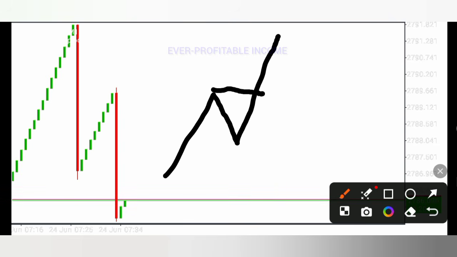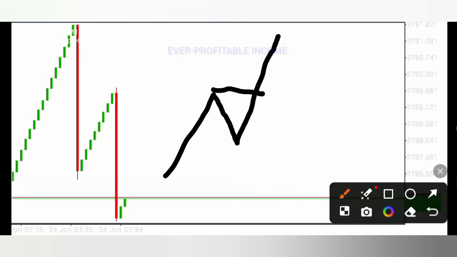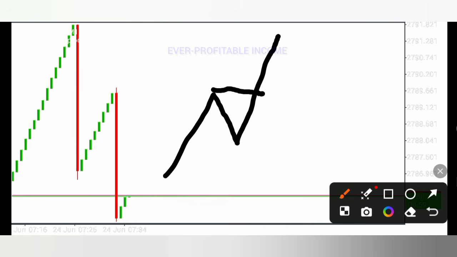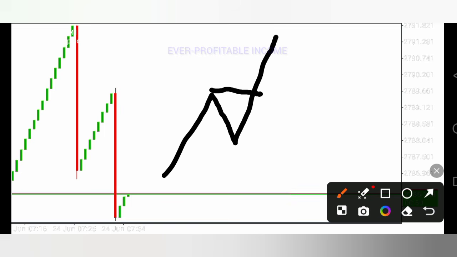It should be very obvious that there's been a break of structure. If you don't know what a break of structure is, I have a video on the channel that explains in detail what a break of structure and a change of character is. So when you have noticed a break of structure, that is when you have to look out for the next thing I'm going to tell you.